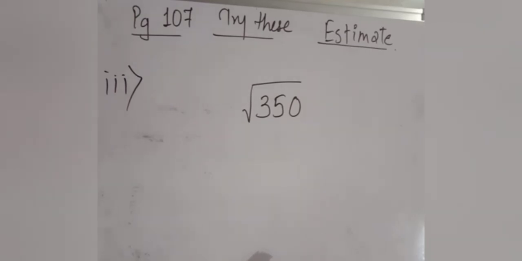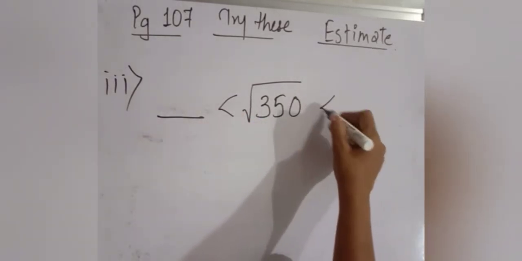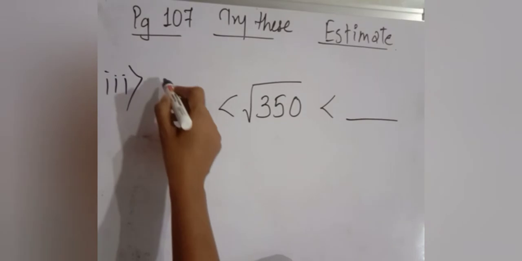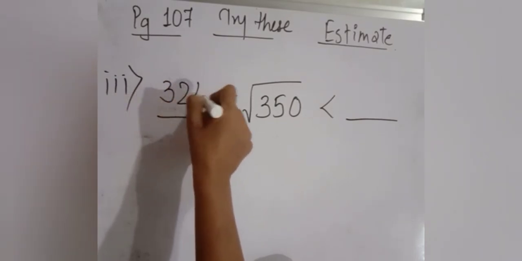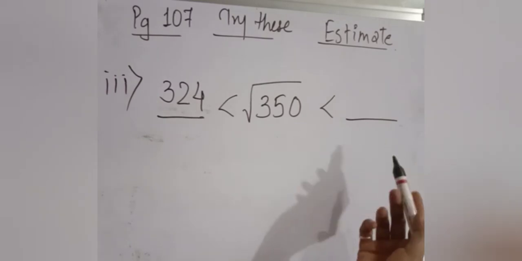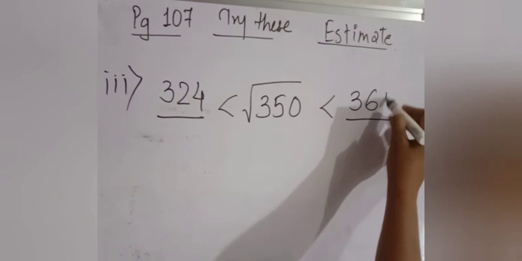Next question, square root of 350. Again we have to find the greatest square number less than 350 and the smallest square number greater than 350. So 350 lies between 324, the square number less than 350, and the next square number after 350, which is 361.